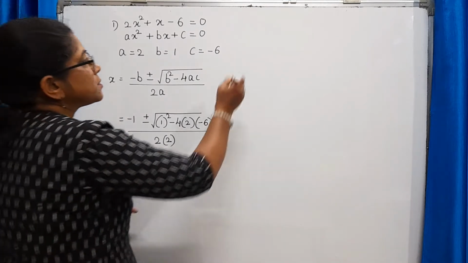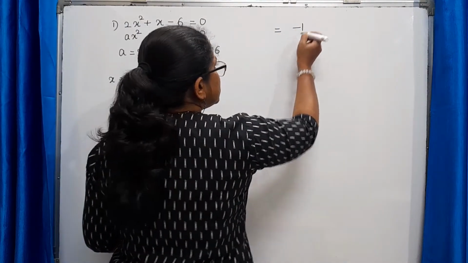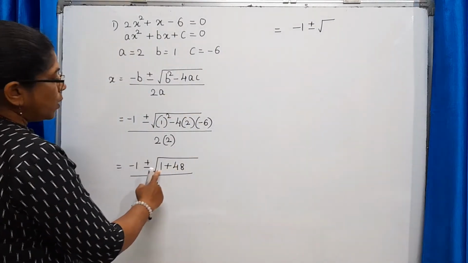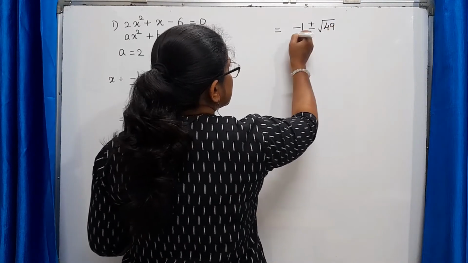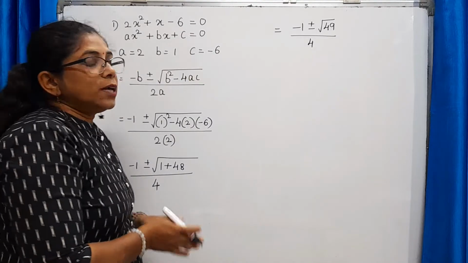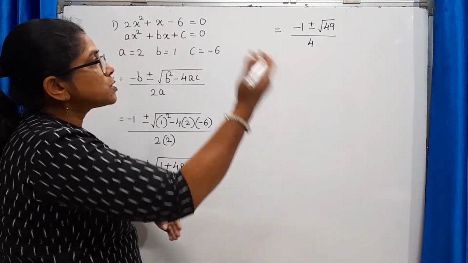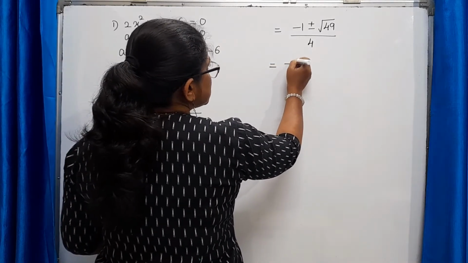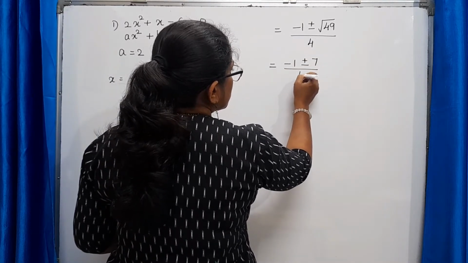Now the next step is equal to minus 1 plus or minus, 1 plus 48 is 49, upon 4. 49 is a perfect square. It's the square of 7. So the square root of 49 is 7. So minus 1 plus or minus 7 upon 4.